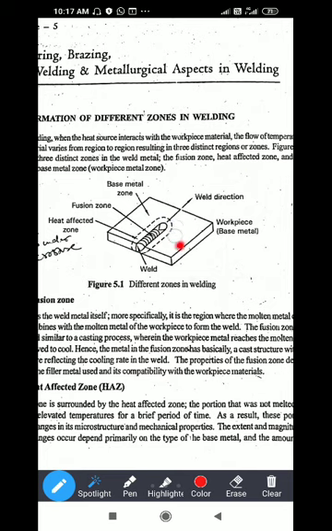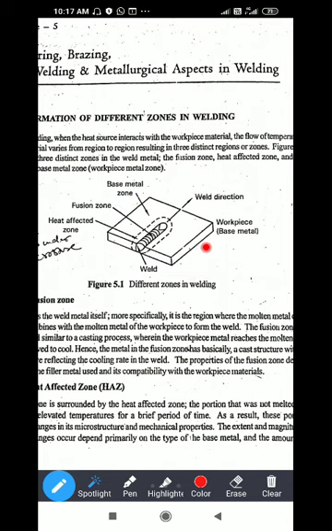This area is called the heat affected area. If it is 100 degrees Celsius in the fusion zone, then in the heat affected area it will be less, maybe 60-40. Then the next zone is the base zone.